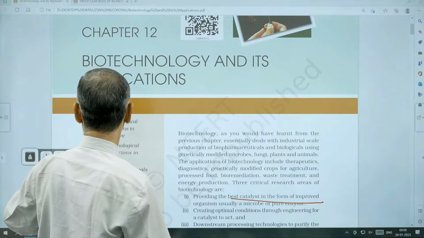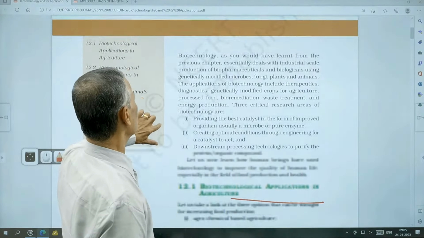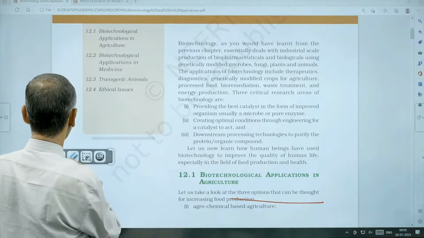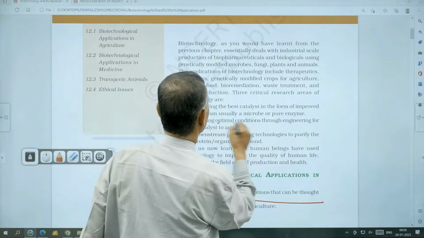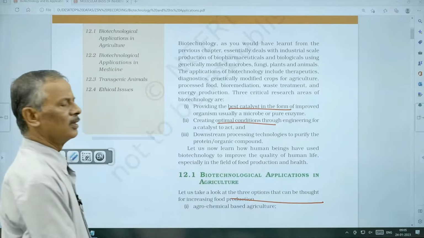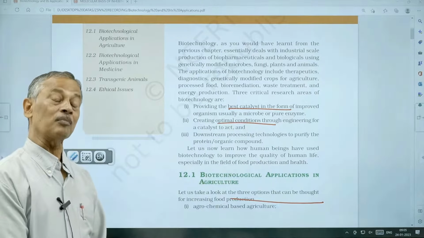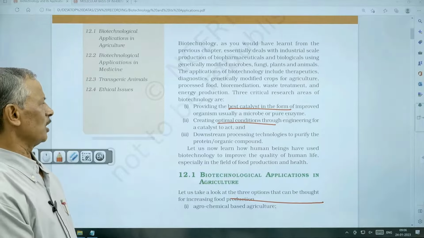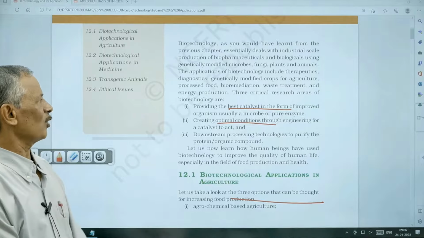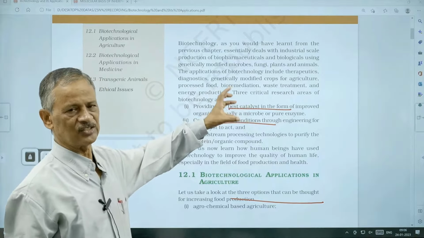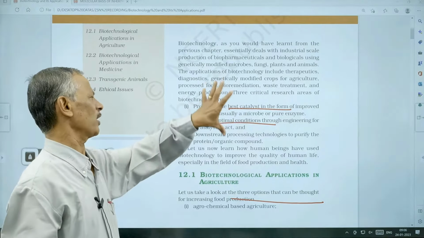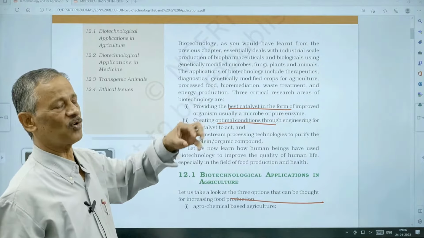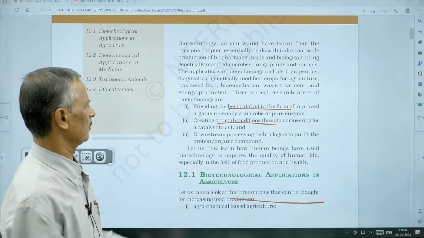Two, we are creating optimal conditions so that they will be working at their maximum efficiency. So creating optimal conditions through engineering for the catalyst to act, where that catalyst is a genetically modified organism, so that we will get that product in the purest form easily and cheaply.